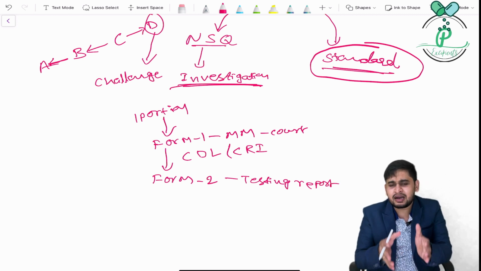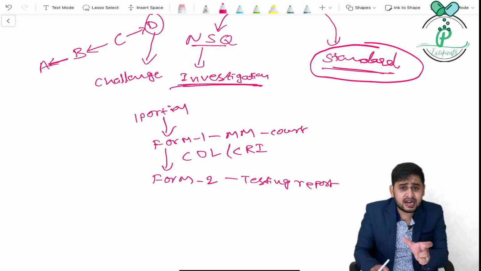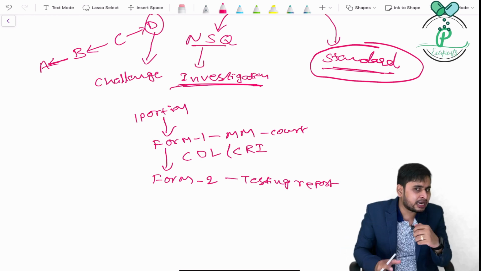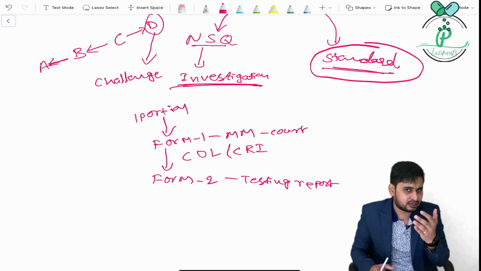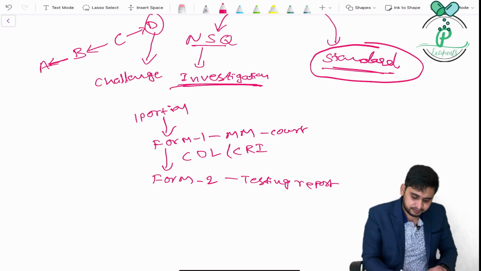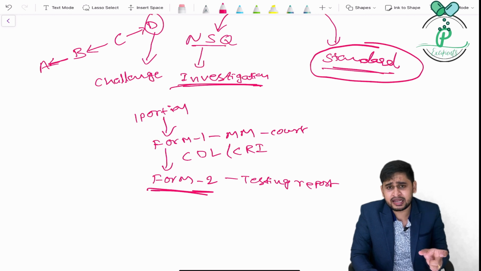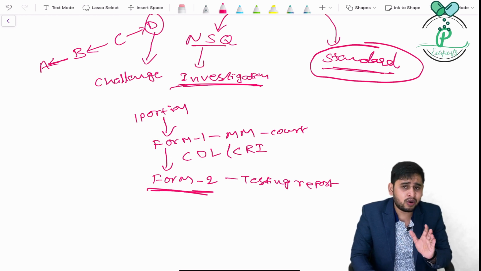Whatever test report is reported by the appellate laboratory would be the final decision, and there is no further argument on that, right? If Form 2 is reported as standard quality, there will be no punishment.